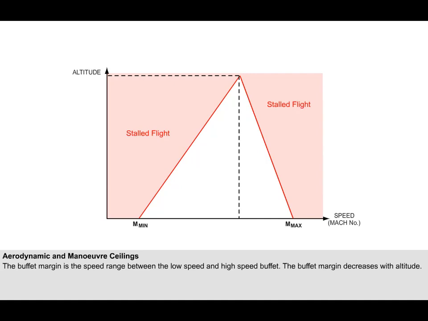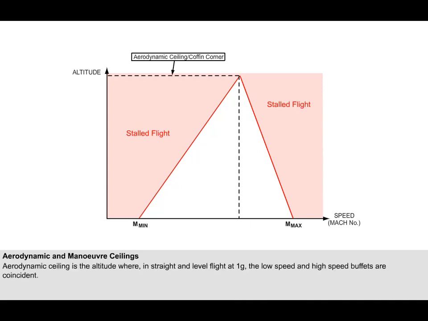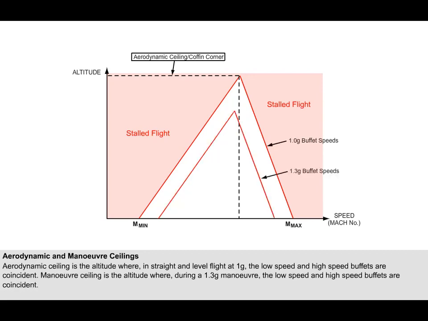In fact, even maneuvering the aeroplane will initiate a stall, because maneuvering the aeroplane will increase the effective weight and increase the stall speed. This altitude is called the aerodynamic ceiling, or coffin corner. To prevent aeroplanes from operating too close to this altitude, an operational limit is set below this point.